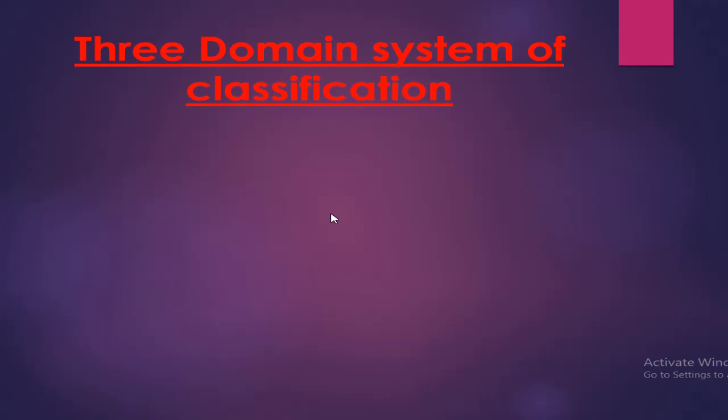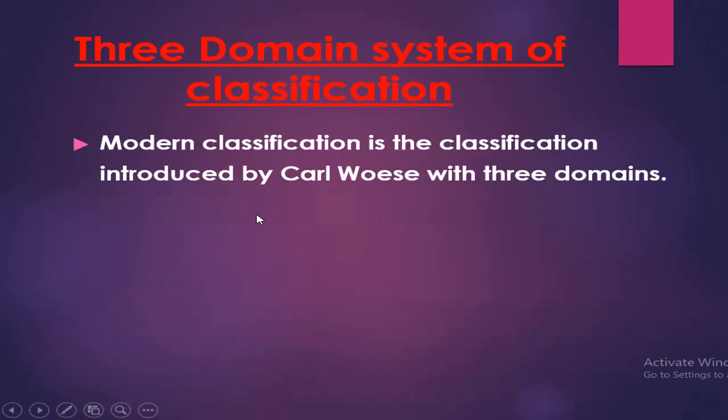The three domain system of classification is one of the methods of natural classification. It is used to classify the organisms in the world. According to this theory, all the organisms are divided into three domains. Let's learn what the three domain system of classification is. First, modern classification is the classification introduced by Carl Woese with three domains.